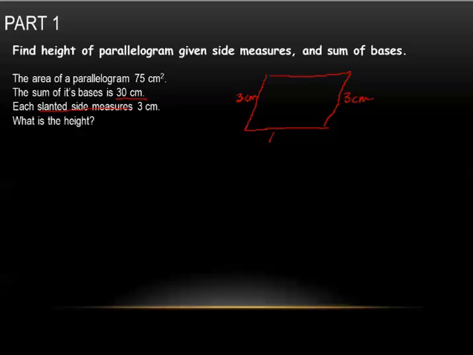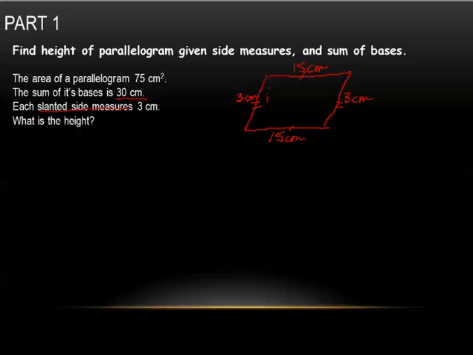We're talking 15 centimeters each. Now then, this is where remembering the properties comes in handy, because if you remember a parallelogram, the opposite sides are parallel and they're also congruent. So these sides right here have equal measures, these sides right here have equal measures. That's how I was able to jump in there and say, oh, if one slanted side is 3 centimeters, then the other one's going to be 3 as well.